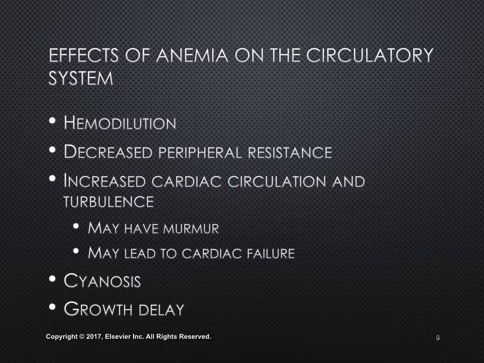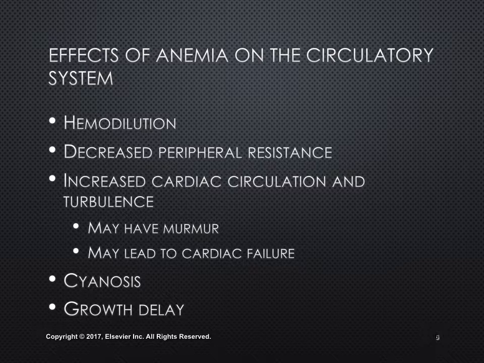The effects of anemia on the circulatory system are things like hemodilution. So we still need the same volume, so the body replaces the volume that would have been taken by the red cells and puts more plasma volume there. We may see decreased peripheral resistance, increased cardiac circulation and turbulence.